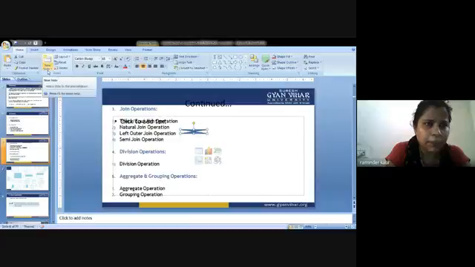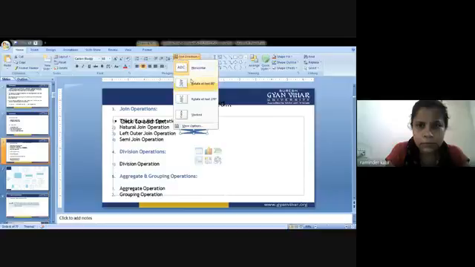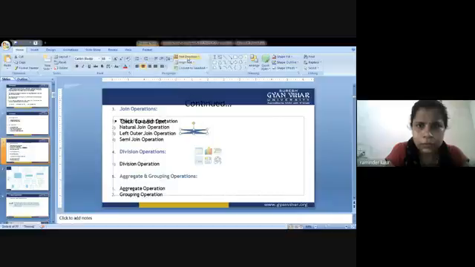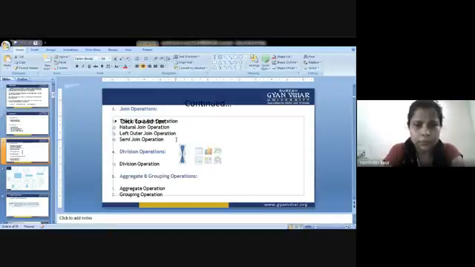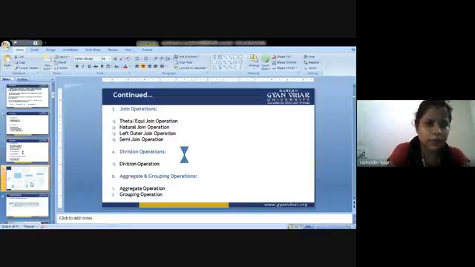If I had the moving option, I could show you. It could be represented like this. In this manner, you are supposed to represent the joins.